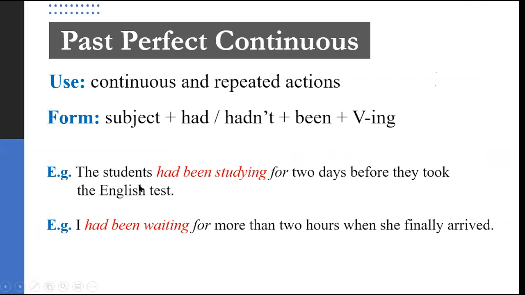The continuous, as is written over here in the form, you have the subject اللي هو the students, وبعدين استخدم had أو hadn't. Okay, in this case we have had, and we have to put been. Well, verb has to be in ing. So study becomes studying.